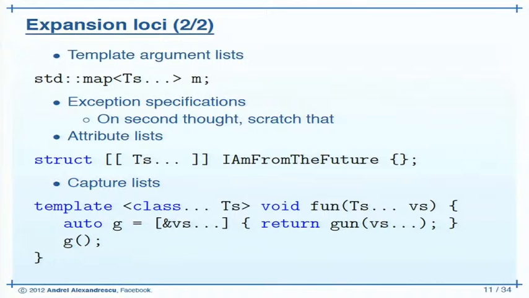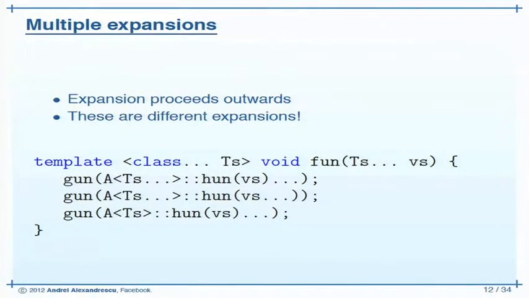So it's going to capture all these guys by reference, and it's going to do whatever, forward it or whatnot. So this is very interesting because it allows you to define some sort of interesting thing. I want to store things somewhere and work on them later and that kind of stuff. Very good for threads, for example. All right. Please note, expansion proceeds inwards, outwards.